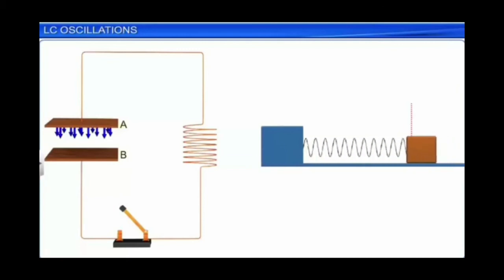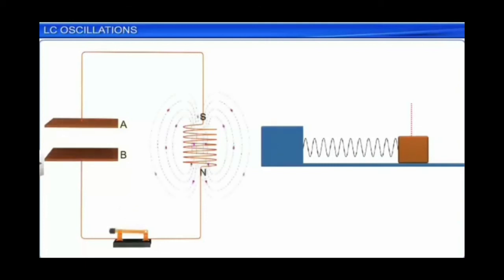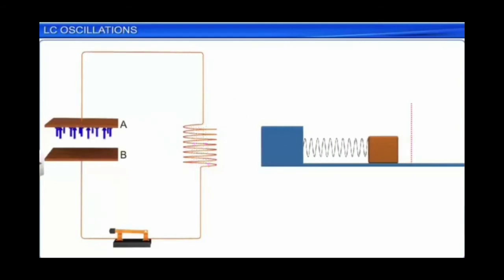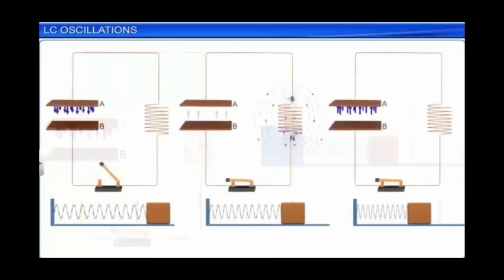This system of charged capacitor and inductor is similar to a system of a horizontally mounted spring. That means a tiny mass m connected to a spring. When the spring is compressed from its original position, we know that energy is stored in the spring in the form of potential energy. When it is released, that energy manifests itself as kinetic energy.